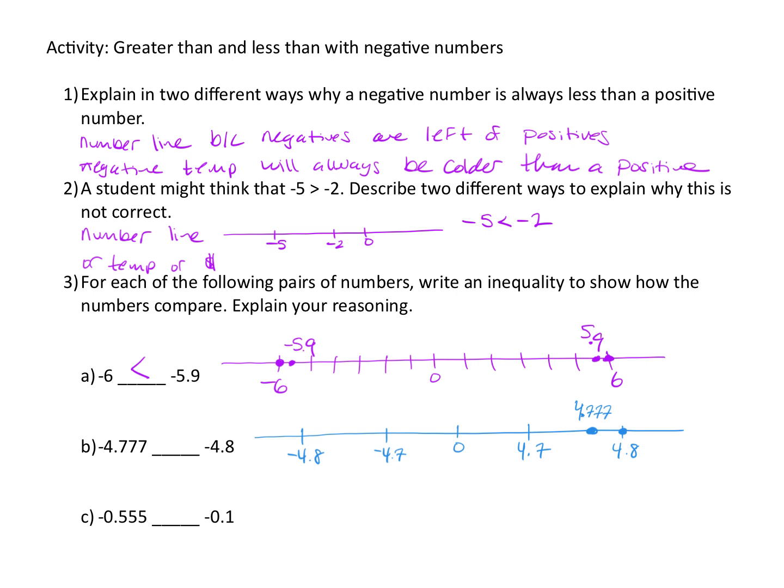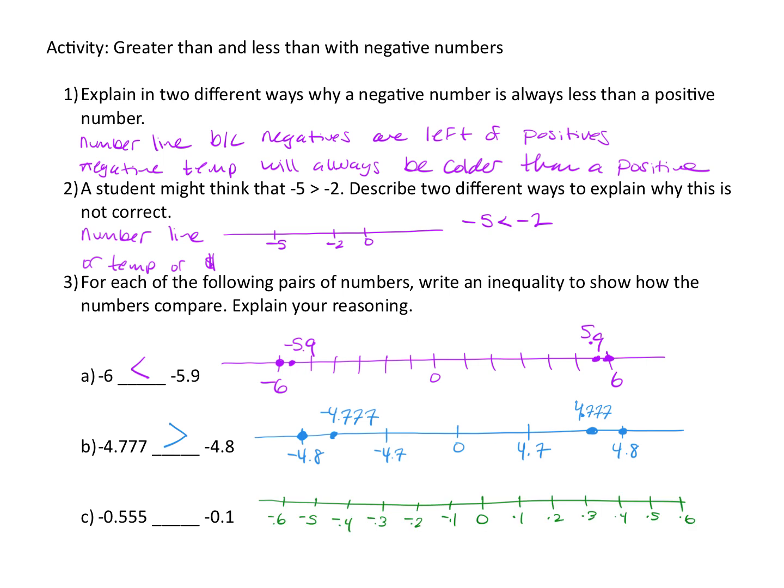We don't have to be perfect about where that location is. I know that it's somewhere between 4.7 and 4.8, closer to 4.8. So I just put a dot there. Then I'm going to draw the opposites of these 2 numbers over here. Here's my negative 4.8, and here's my negative 4.777. My negative 4.777 is to the right of negative 4.8, so it is bigger.